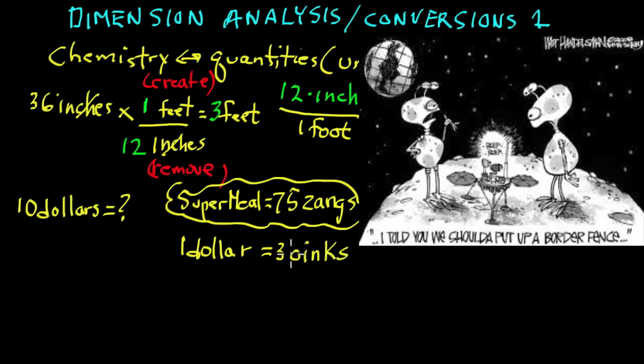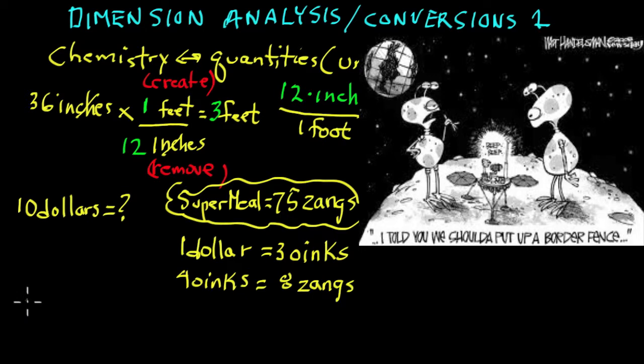Well, that's great. They give us a conversion factor of oinks. But they also smile and say, also 4 oinks equals 8 zangs. Now we have both dollars and zangs, and we can solve the problem perhaps.